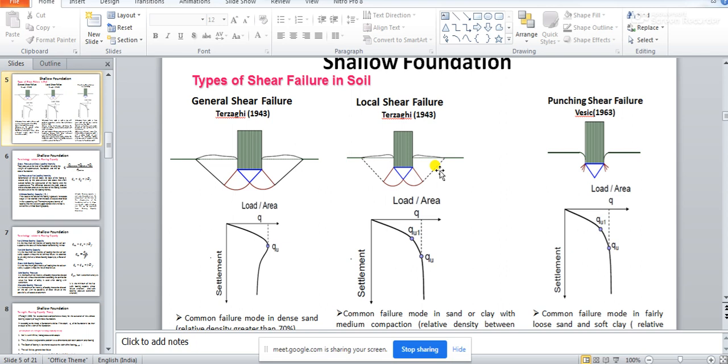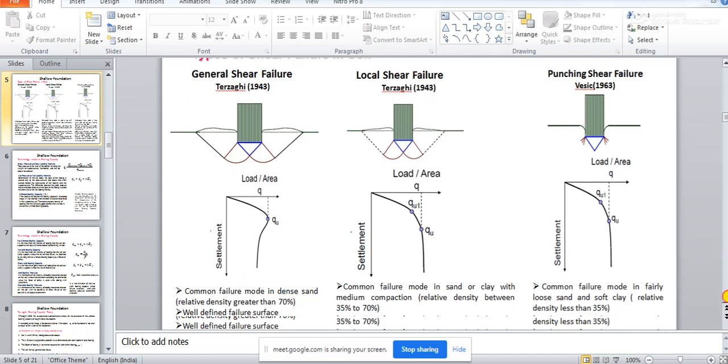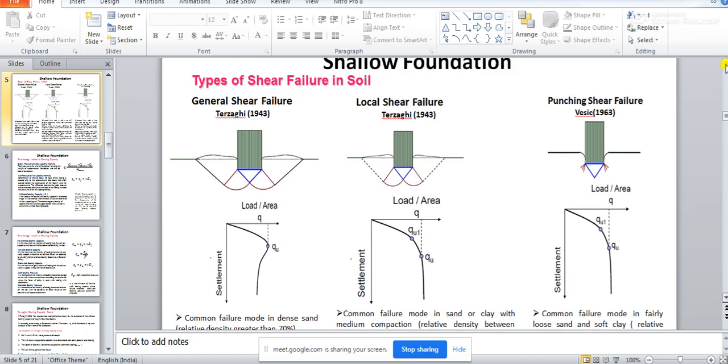Now coming to the third thing, that is the punching shear failure. This punching shear failure was not discovered by Terzaghi. After 1943, after 20 years actually, in 1963, another person, Vesic, introduced this punching shear failure, because Vesic observed that whatever Terzaghi said, many foundations were failing by neither general shear failure nor local shear failure.